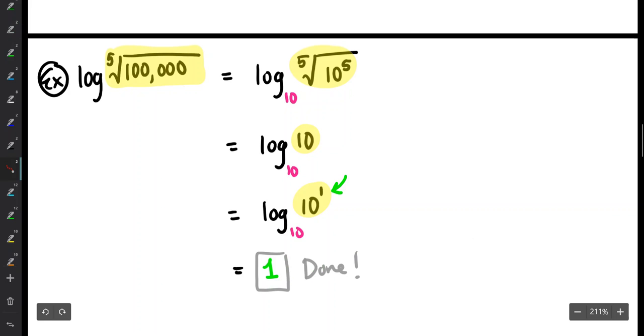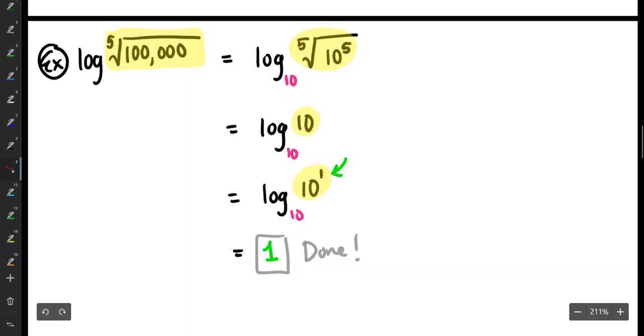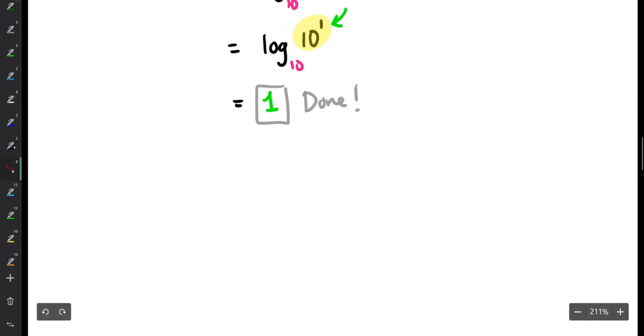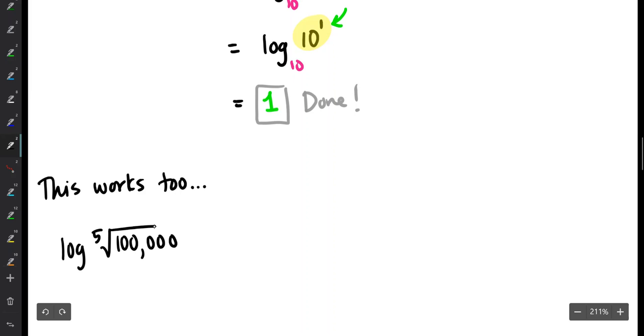Perhaps, though, you would write this as a fractional exponent and use our power property. That would be a perfectly fine way to simplify this. I want to do this problem again, just a different way, and we're going to get the same result. This works too. Log of the 5th root of 100,000 is log of 100,000 to the 1/5 power.